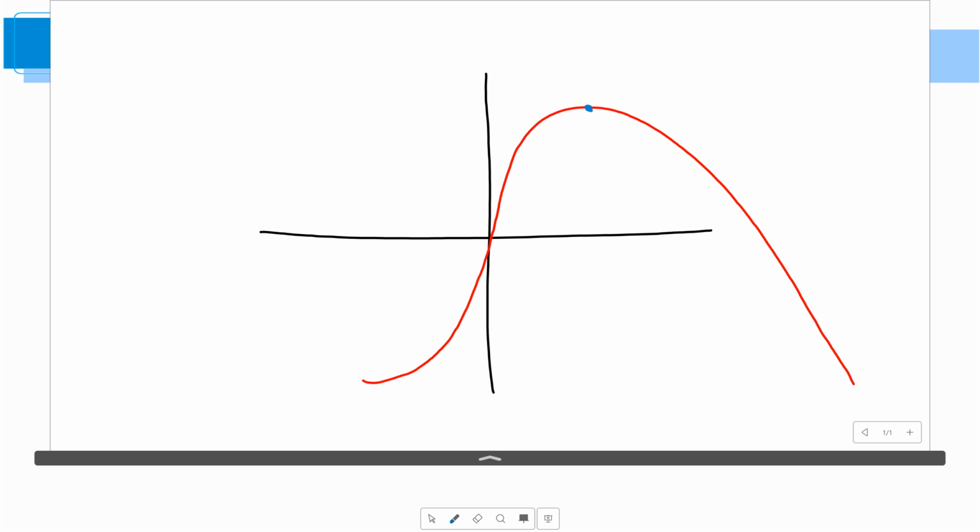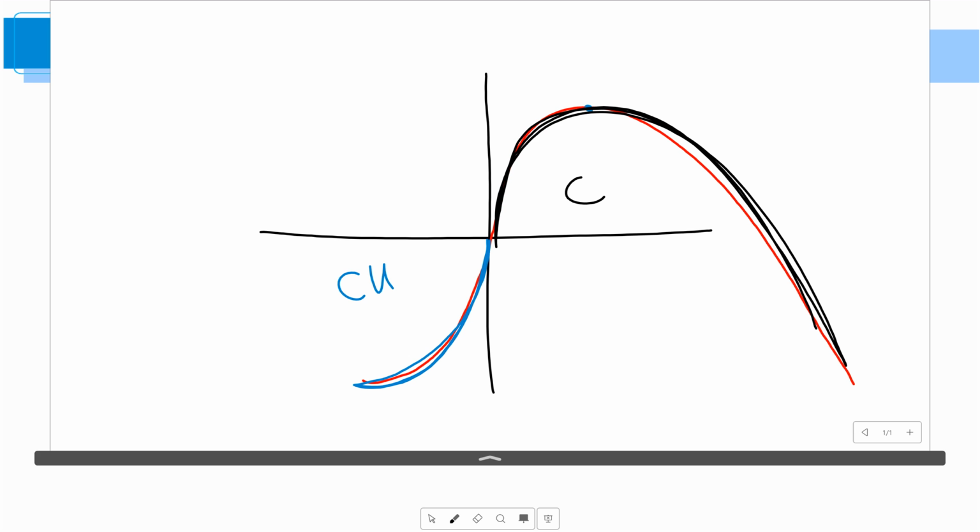The left part of the graph, to the left of the y-axis, resembles a parabola opening up. That's called CU, which stands for concave up. The stuff to the right of the y-axis resembles a parabola upside down. That would be concave down.